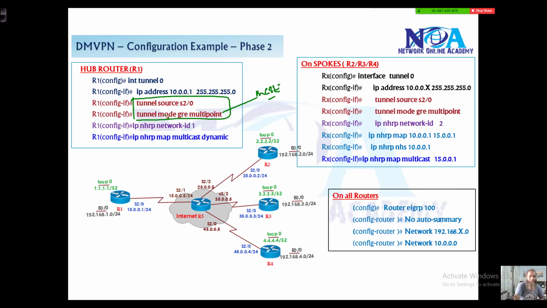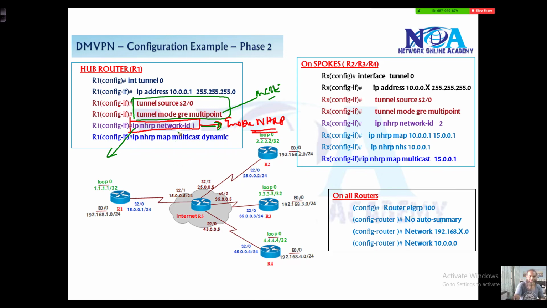The next thing we have is the ip nhrp network-id command. This command enables NHRP on that tunnel interface, because if you don't enable it, NHRP is not going to work. It is also used to define the NHRP domain on that particular interface.